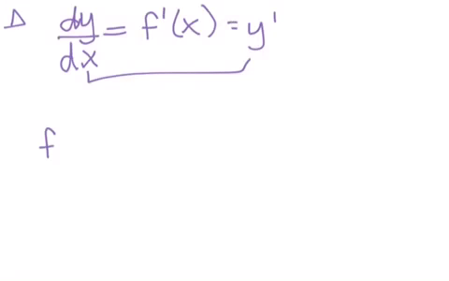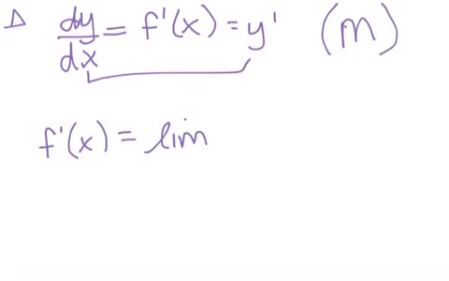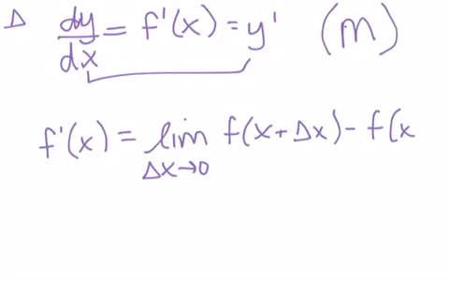So they all represent the slope that we learned in algebra, and that idea that we are finding the slope of a secant line and gradually making it a tangent line. So I've got the limit as delta x goes to 0 of f of x plus delta x minus f of x, which is y2 minus y1 over x2 minus x1, simplified down to delta x. Now if I wanted it to be at a specific point, an x value specific, then I am going to plug in that x value once I actually do the derivative.